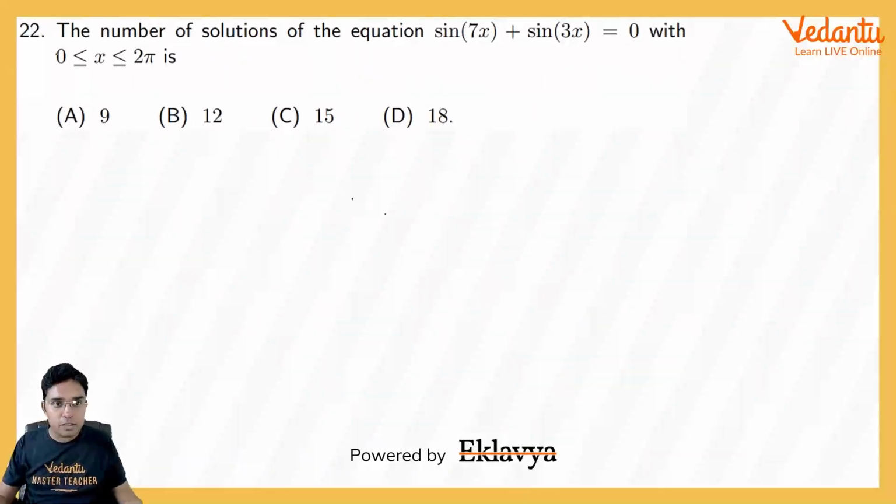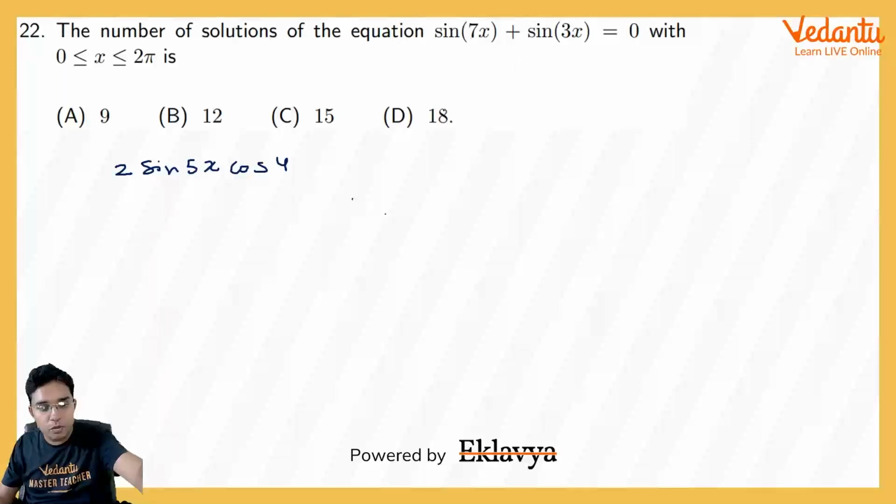Now coming to the next question, which says number of solutions of the equation sin 7x plus sin 3x equal to 0. I think one simple question based on sin C plus sin D, 2 sin (C plus D)/2, so sin 5x into cos (C minus D)/2, so 4 by 2, so it will be 2x here. 7 minus 3, 4 by 2 is 2. Yeah, this will be 0.